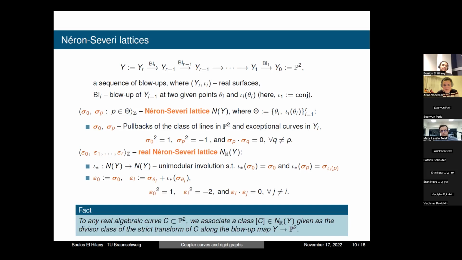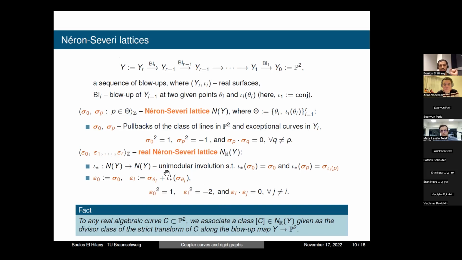So why is this whole procedure useful for me? Well, it comes from the following fact: for any real algebraic curve in P2 downstairs, I can look at its pre-image under this blow-up map in Y. And since I have defined this lattice, I can associate to it a class. So each algebraic curve has a certain class.